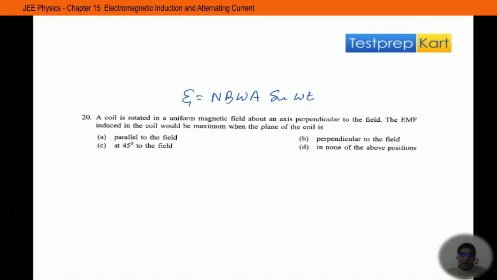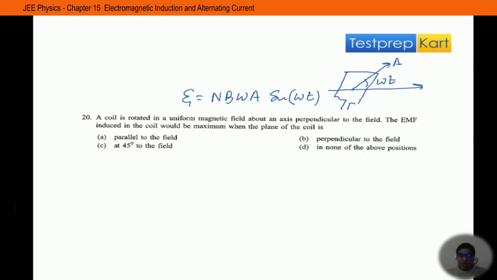Now this omega t is the angle between the area vector of the coil and the magnetic field. This is the area vector, and this is the magnetic field. This angle is omega t.